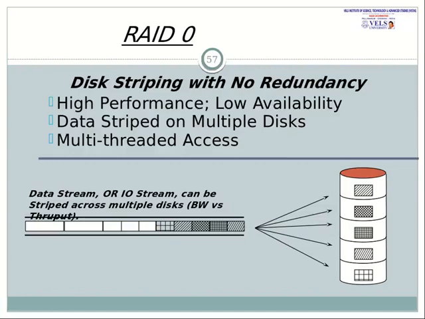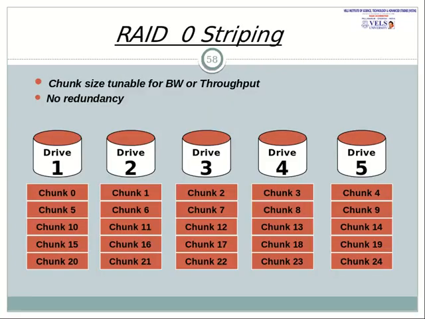There is no redundancy, so we use it for high performance and low availability. RAID 0 with striping means chunk size is tunable for bandwidth and throughput. Here there is no redundancy, so all the data chunk files are just stored on each and every disk drive.